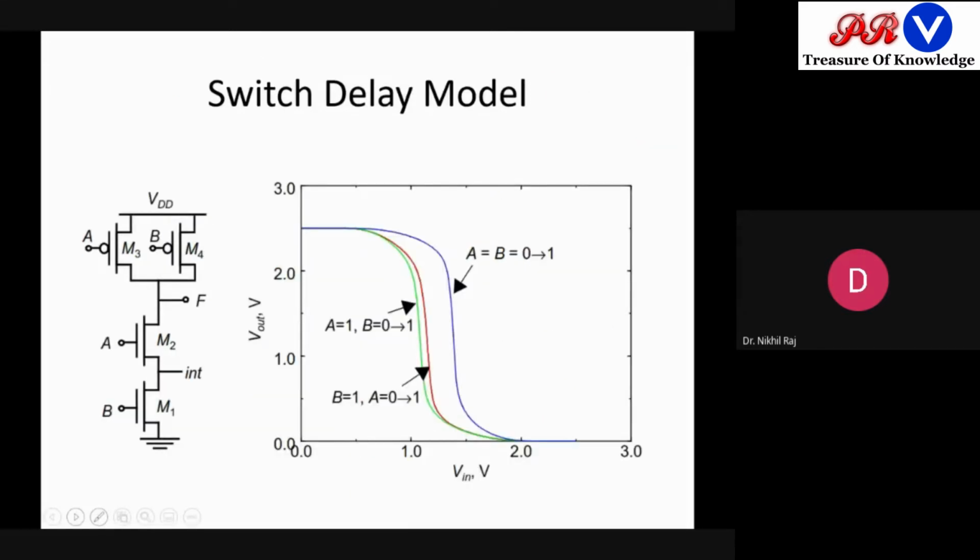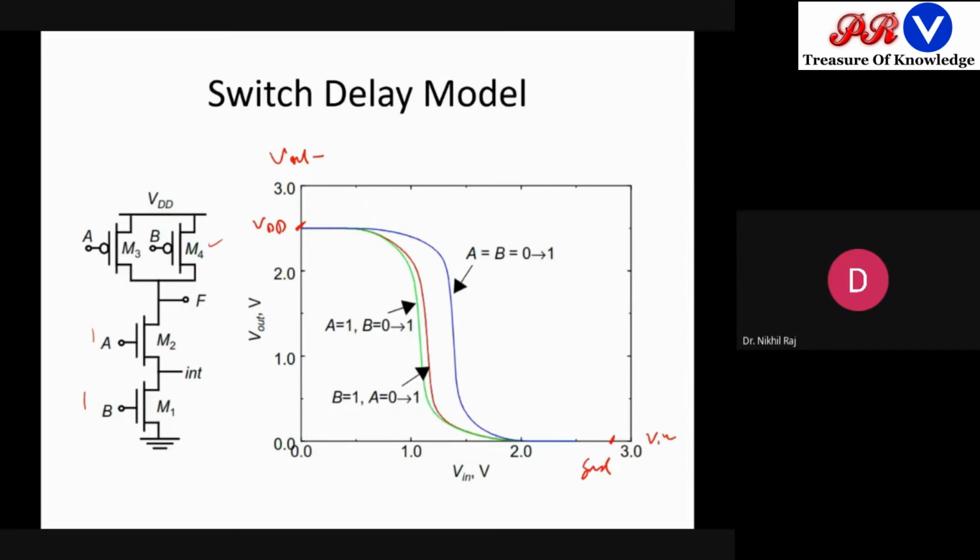Now this is the delay model. So here, charging and discharging are both made the same, but if you see the transfer characteristic, meaning output versus input, initially if both are 0, it will charge to some voltage, let's say VDD, and if both are 1, it will discharge to ground.